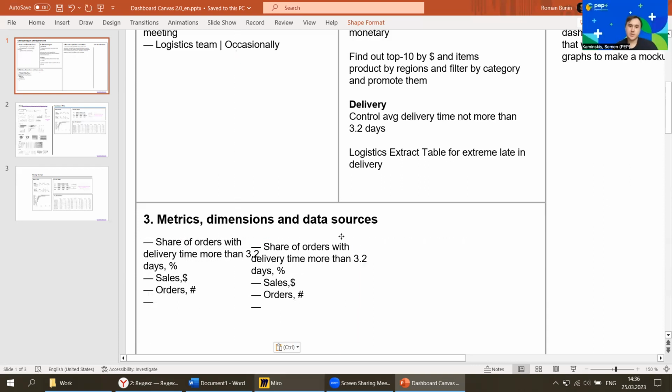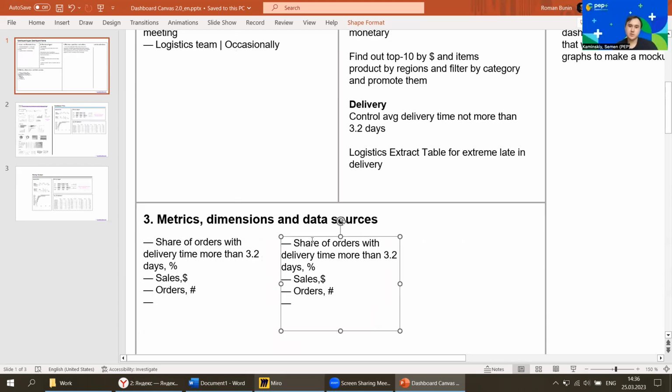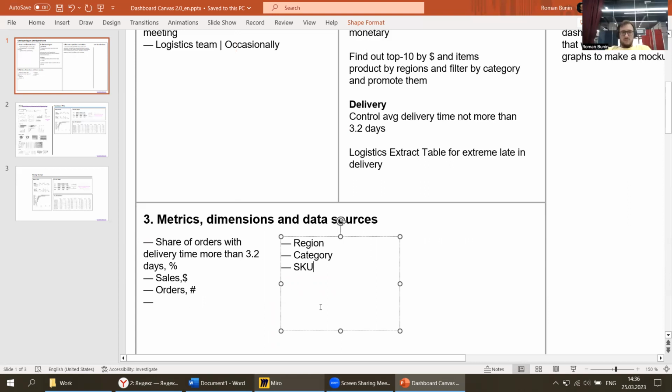If we speak about dimensions, it's region, category, and the granularity needed is SKU. Okay, SKU name. No, it's in data. This was called model. Okay, categories. I'm talking about category. I would also say that we're talking about the product hierarchy. Yeah, it's the categories hierarchy.